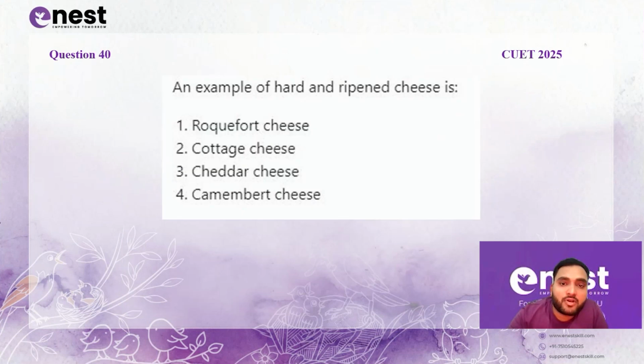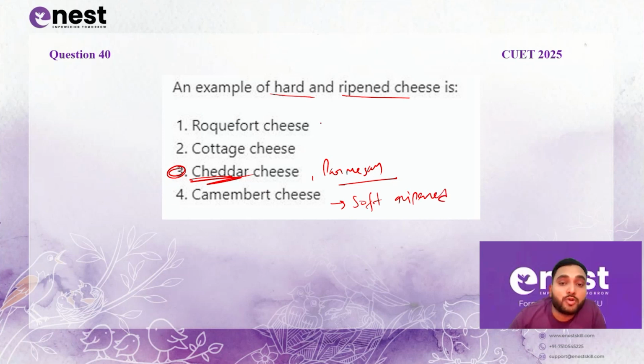Then an example of hard and ripened cheese. Options are Roquefort cheese, cottage cheese, cheddar cheese, and Camembert cheese. Straightforward, the example of hard ripened cheese is cheddar cheese. If we talk about the other cheeses, in hard ripened cheese we have cheddar as well as parmesan. If we talk about soft ripened cheese, we have Camembert.